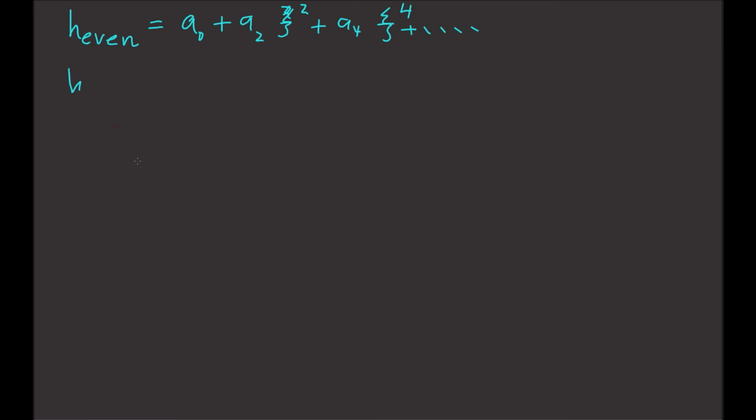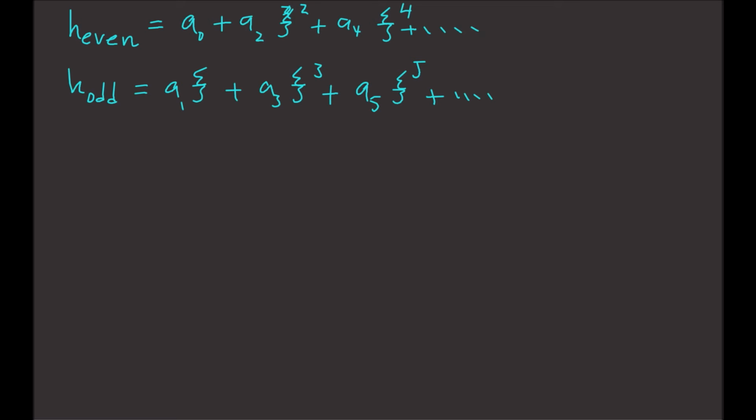And then h odd is equal to a1 times squiggly plus a3 times squiggly to the third plus a5 times squiggly to the fifth plus dot dot dot, all the terms.